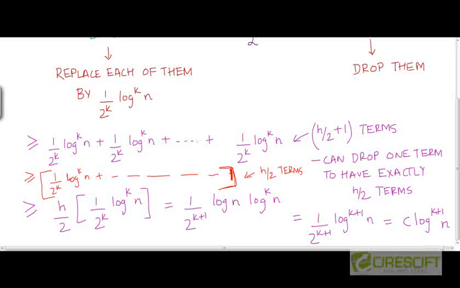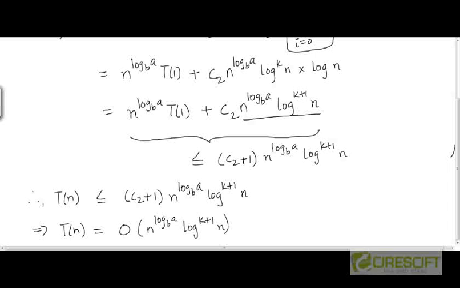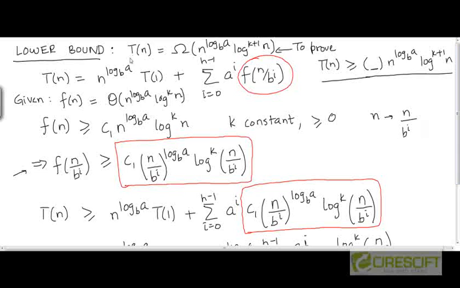So to summarize what we did in this video, we proved that T of n is in big omega of n to the power log base b of a times log to the power k plus 1 of n, after proving in the last video that T of n is in big O of the same function. So in trying to prove that T of n is in big omega of this function, we started off with the expression for T of n.